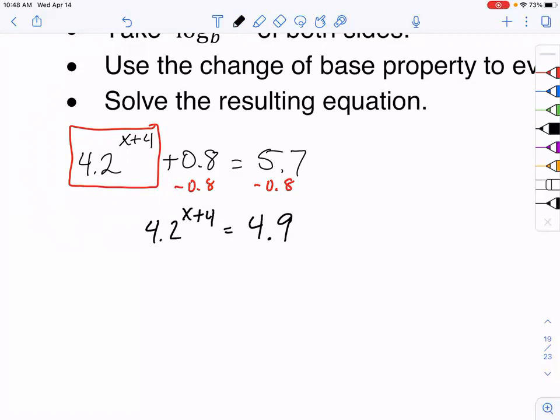But I've been telling you all unit long, I want you to think about logs and exponentials as being inverses in the same way that you think of multiplication and division as being inverses. In other words, when you see multiplication in an equation, you solve it by division. When you see exponential in an equation, you solve it by doing a logarithm to both sides. So a logarithm with the base that's already in the problem. What's the base that's already in the problem? 4.2.